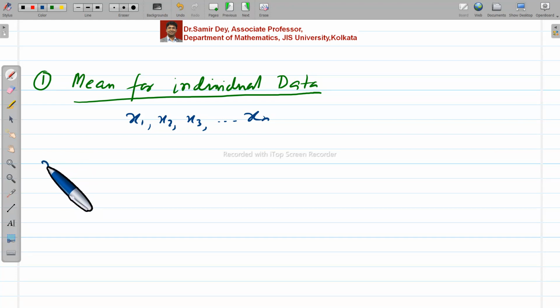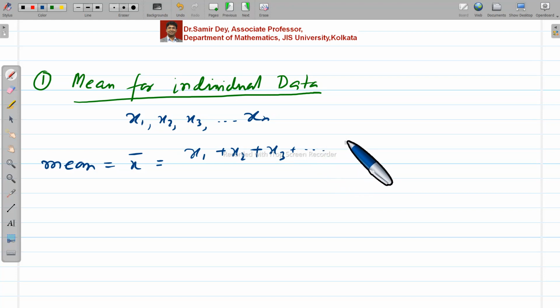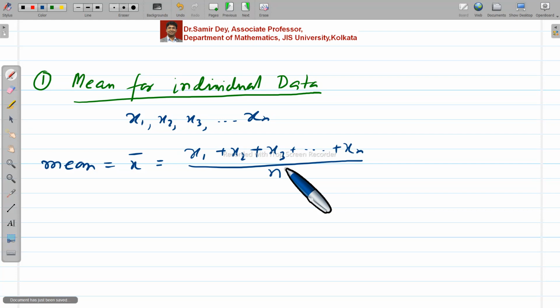Then mean is equal to x bar is equal to x1 plus x2 plus x3 plus ... plus xn divided by the number of terms. Okay, so this is the formula for mean calculation for individual data. Now you write down some examples so that you can understand.